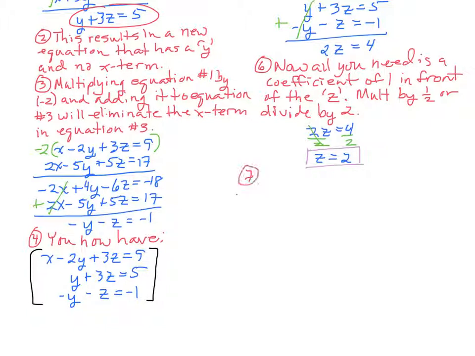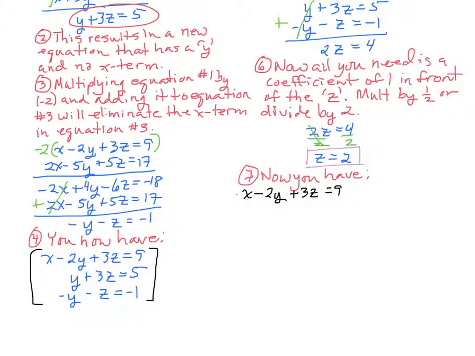So part 7 is, now you have, and this is your final: our first equation, never changed, x minus 2y plus 3z equals 9.